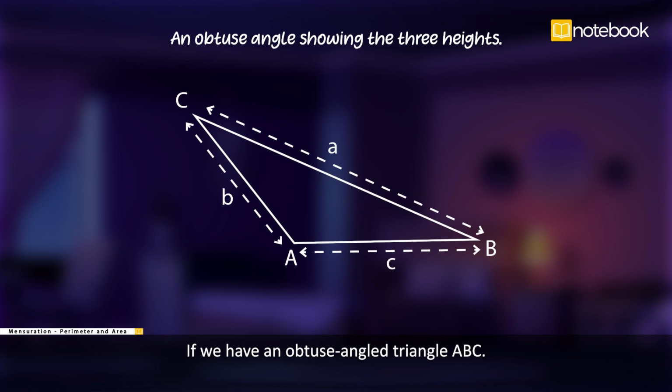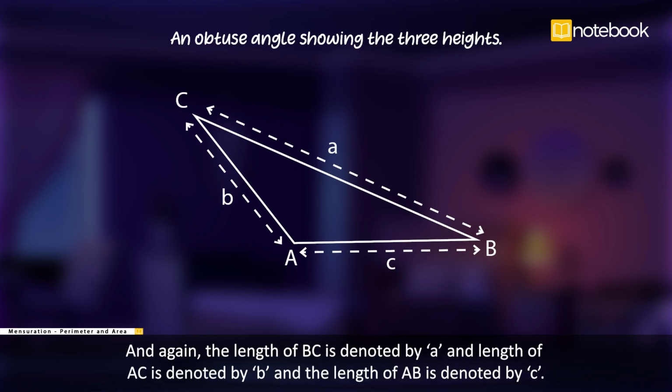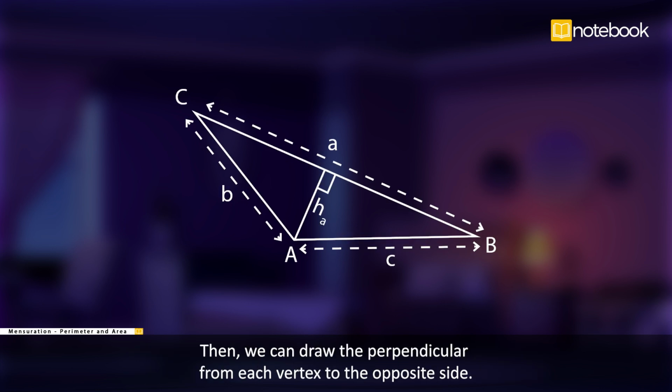If we have an obtuse angle triangle ABC, and again the length of BC is denoted by A, the length of AC is denoted by B, and the length of AB is denoted by C, then we can draw the perpendicular from each vertex to the opposite side.